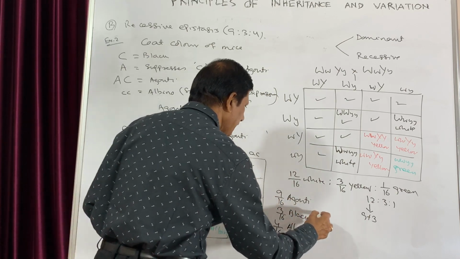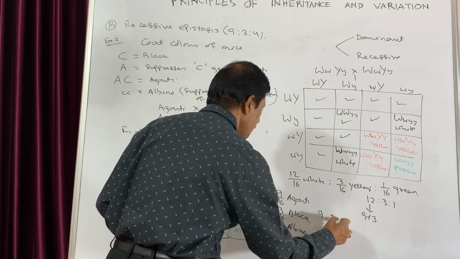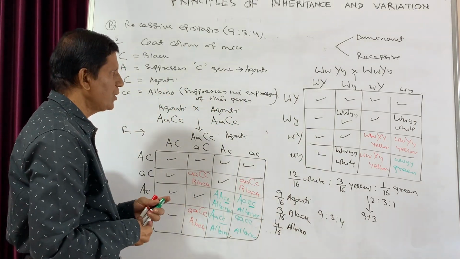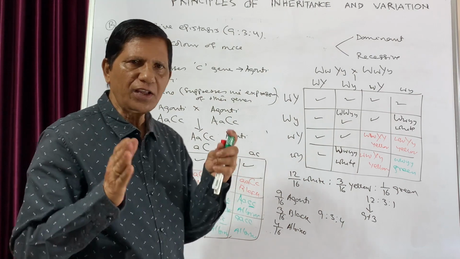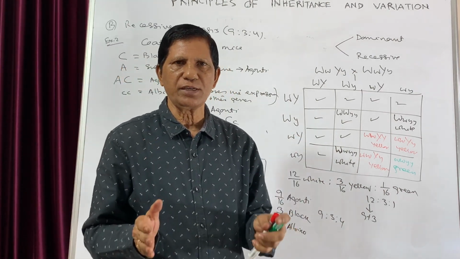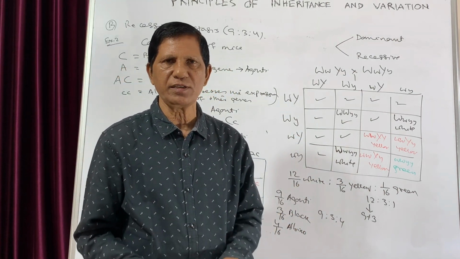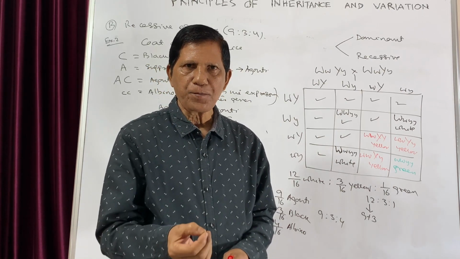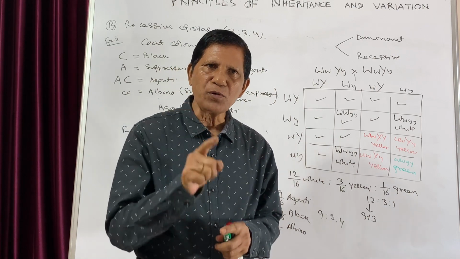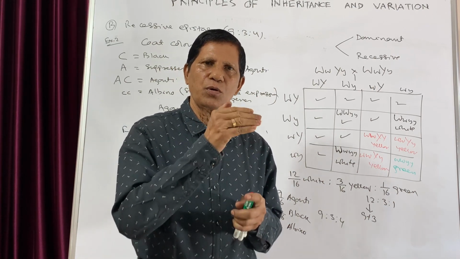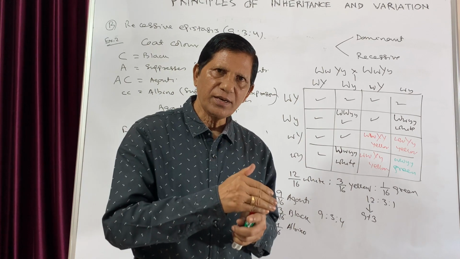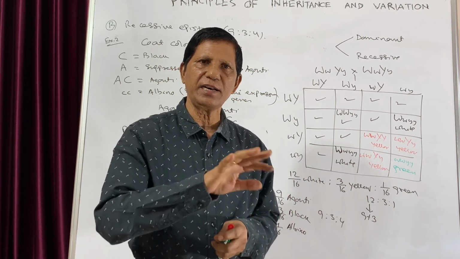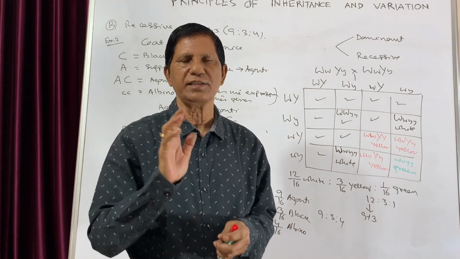That means again it is giving a ratio of 9:3:4. So this is the recessive epistasis. Now I hope you have a very clear understanding of what is epistasis, what is dominant epistasis, what is recessive epistasis. Before concluding, I am again repeating that in the same locus, when one dominant gene or one allele suppresses the other allele present in the same locus, that is the relation between dominant and recessive.